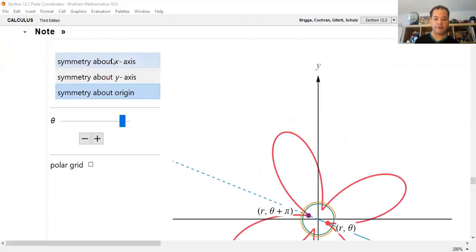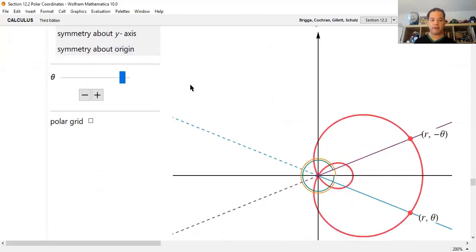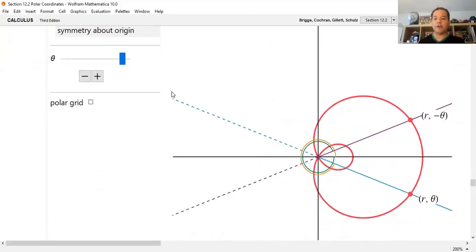So here are a few examples right here in the book. This is the graph that you see over there. It's another type of cardioid actually, and it obviously is symmetric with respect to the x-axis, right?